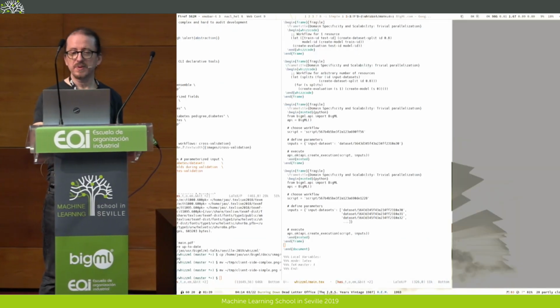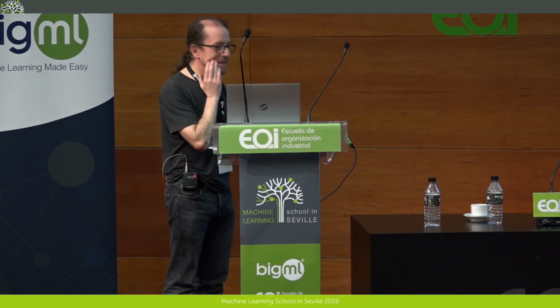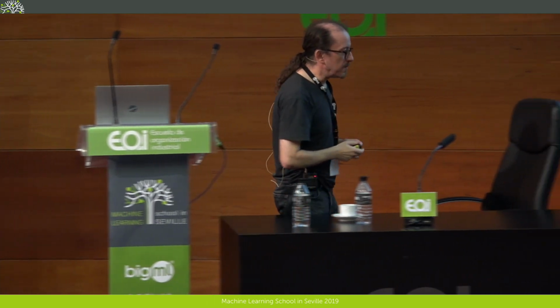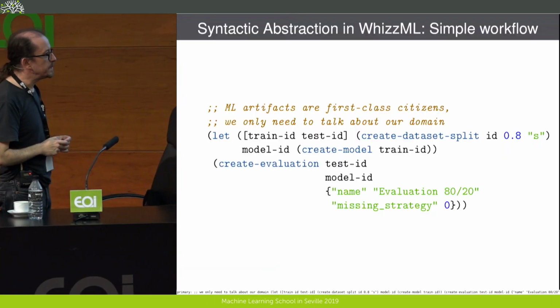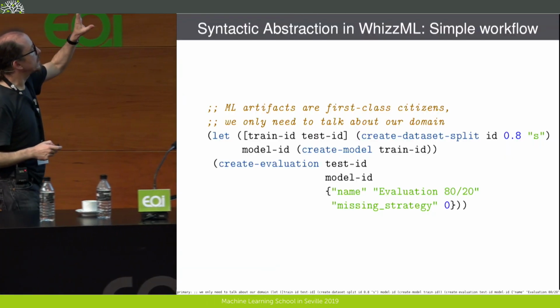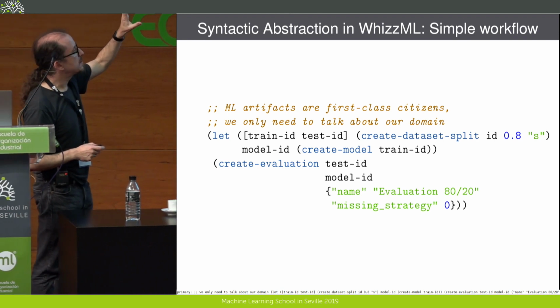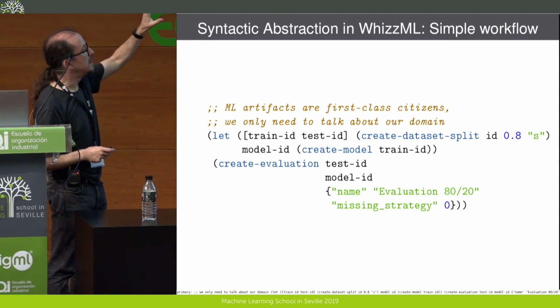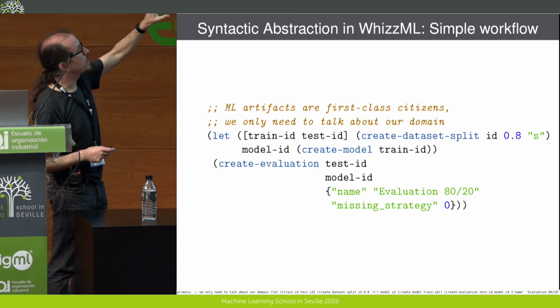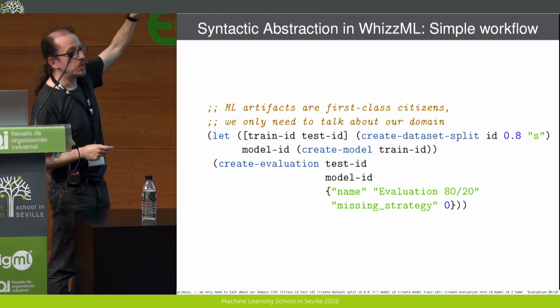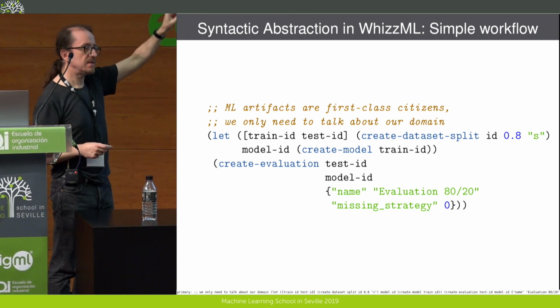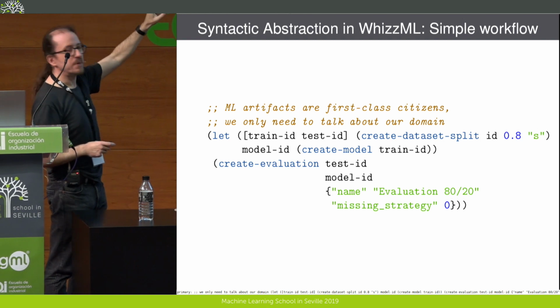And then, just to finish, just to try to convince you about the goodness of a DSL, just to give you a glimpse of how easy it is to make things parallel when you have a DSL. This is the code for creating one evaluation, using one data set, doing one split, and creating an evaluation.